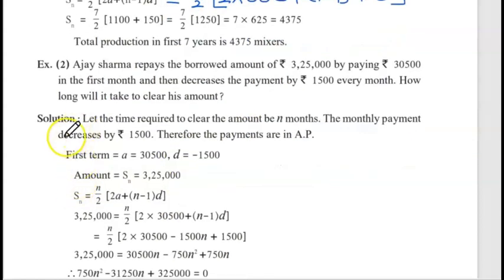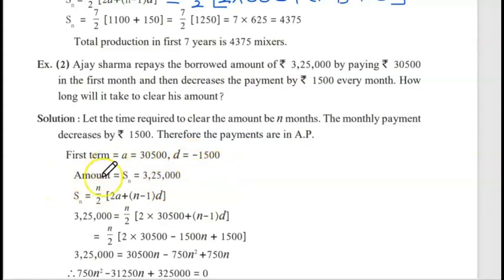Okay. Now solution. Let the time required to clear the amount be n months. The monthly payment decreases by rupees 1,500. Therefore, the payments are in AP. First term a is equal to 30,500. d is equal to minus 1,500.